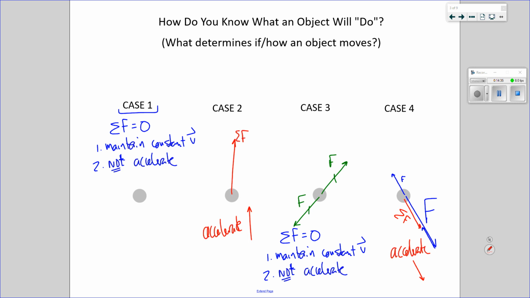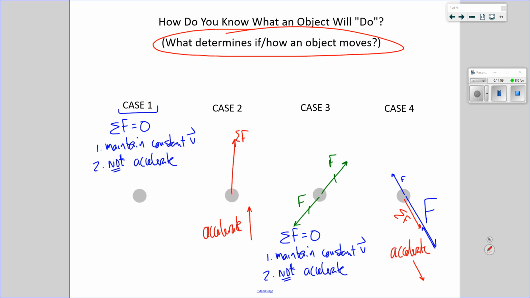Okay, so what determines what an object will do? That's not a great question. We have to be more specific about what we mean. How an object moves, that's okay too, I guess. But what we should be able to state now is that net force is one of the deciding factors in an object's acceleration.